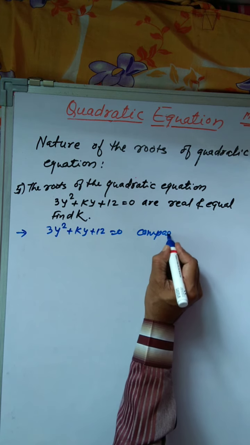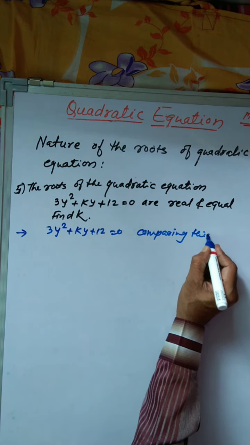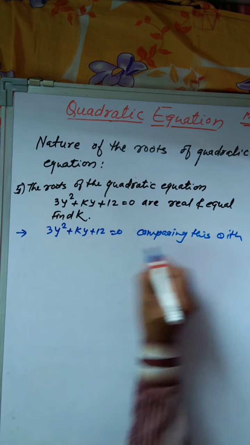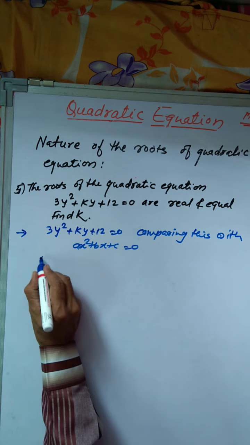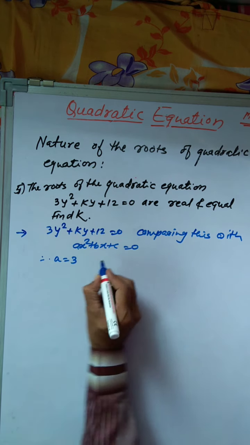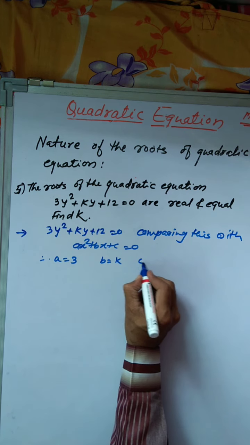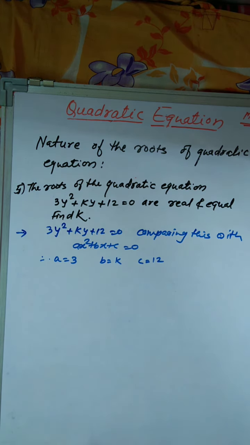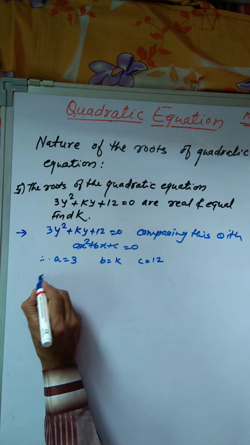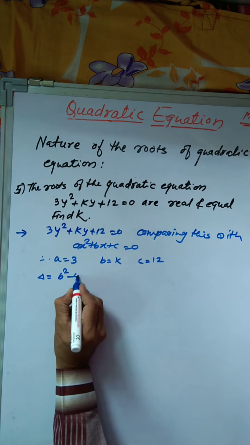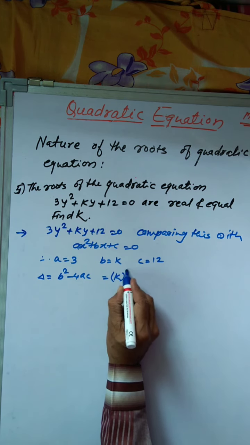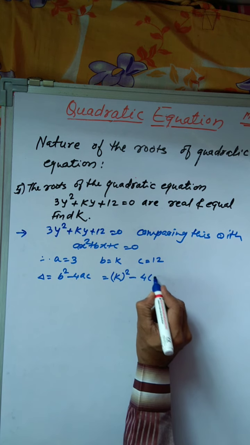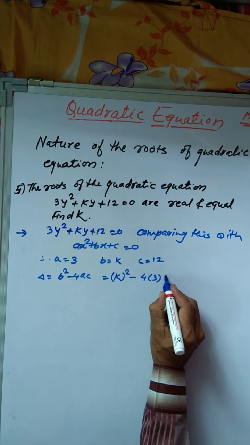Comparing this with ax square plus bx plus c is equal to 0, we get a is equal to 3, b is equal to k and c is equal to 12. Now we have to find the value of b square minus 4ac, delta, is equal to, substitute the values, b is k bracket square minus 4 into 3 into 12.